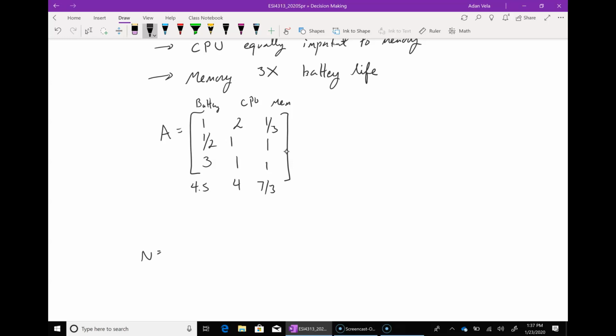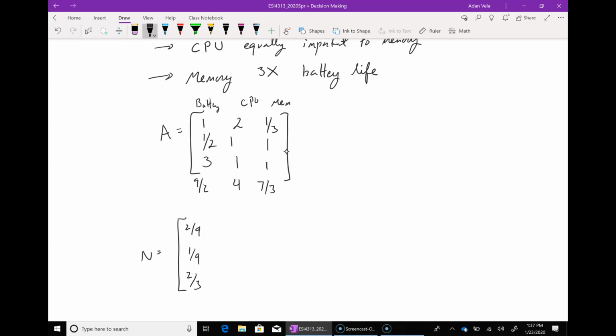So to normalize, we divide all the values in this first column by 9/2, which means multiplying by 2/9. We end up with 2/9, 1/9, and 2/3. Is that right? I think so.